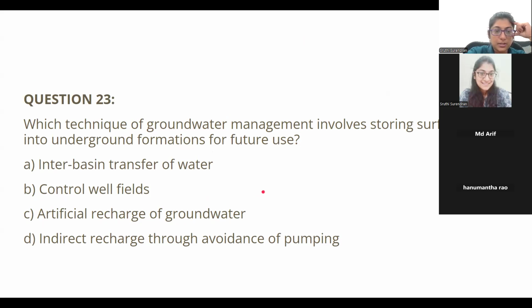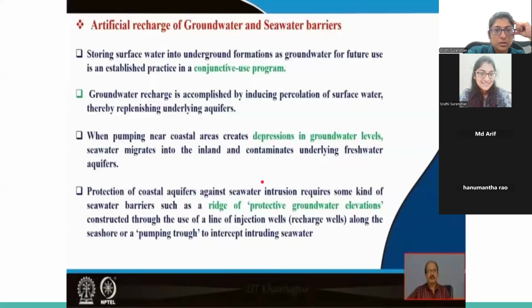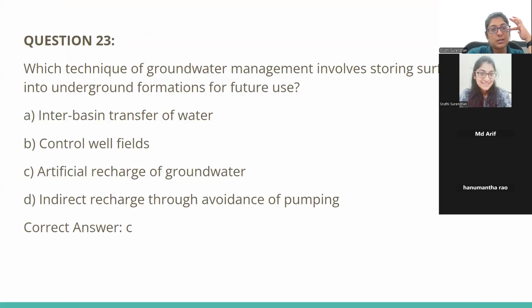Correct, artificial recharge of groundwater. We talked about something called the conjunctive use program, so conjunctive use of water. Storing surface water into underground formation is one form of artificial recharge. So the correct answer here is option C.